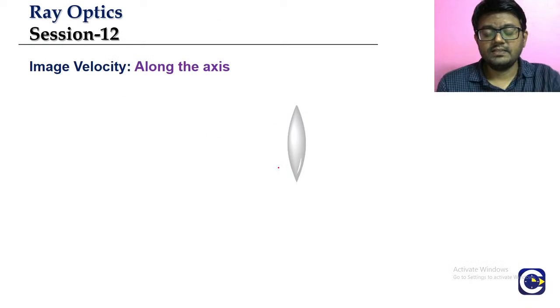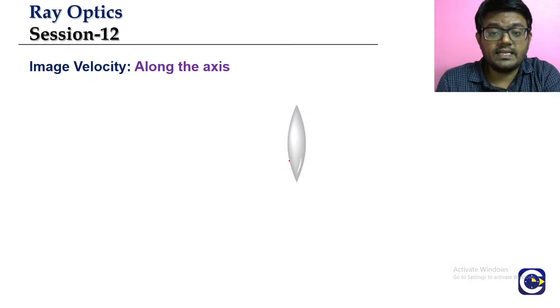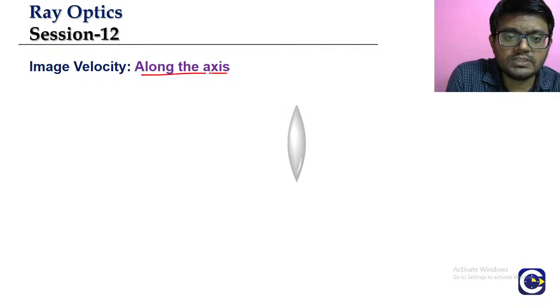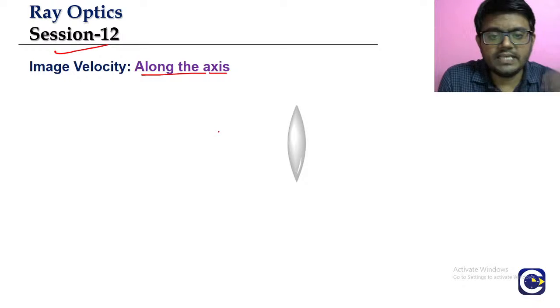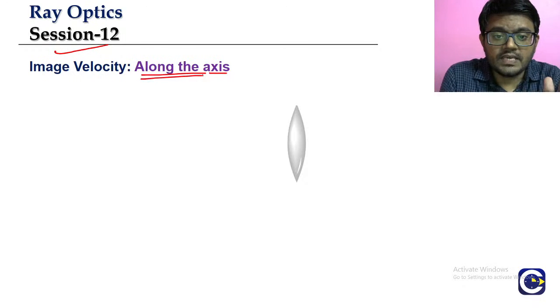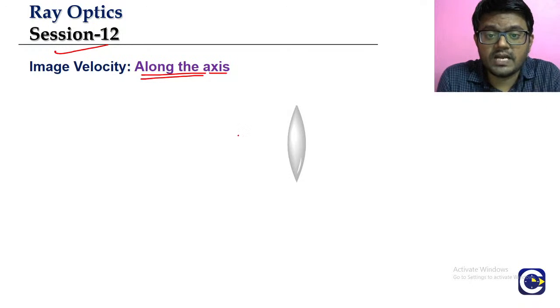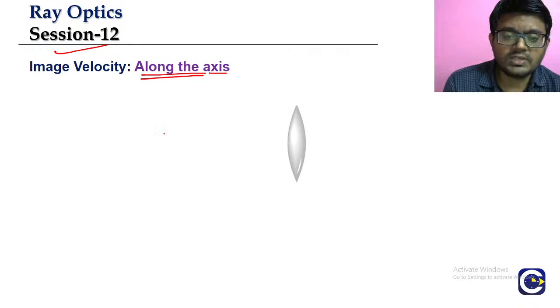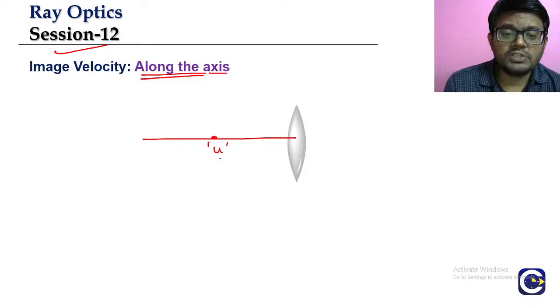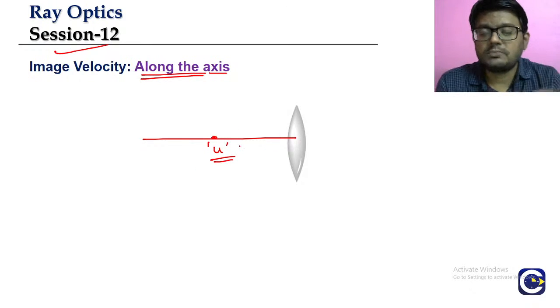So look at it here. We have to take a lens. I am taking it to be a biconvex lens, but it can be any lens. We are talking about the image velocity relation to the object velocity, measured along the axis. How do you mark the position of the object?